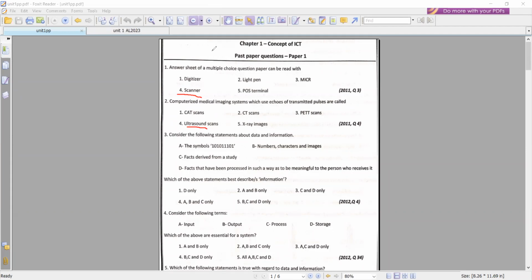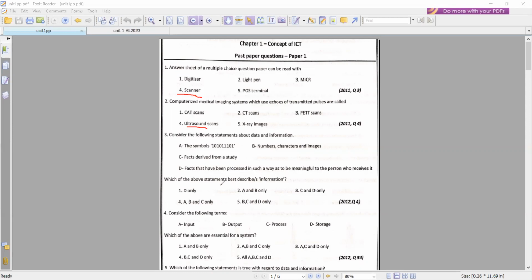Now they have given, consider the following statements about data and information. Symbols given: raw facts, numbers, characters, and images. A fact derived from a study, so you have to process there. Facts that have been processed in such a way as to be meaningful to the person who receives it, right?